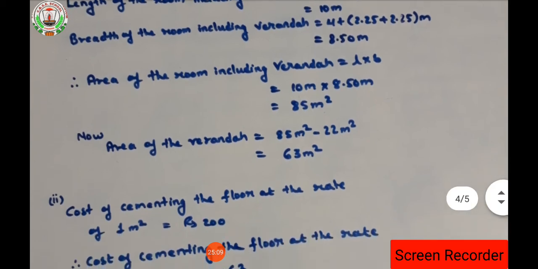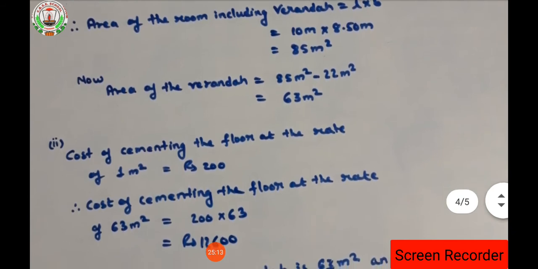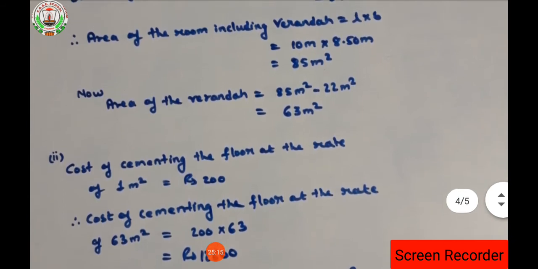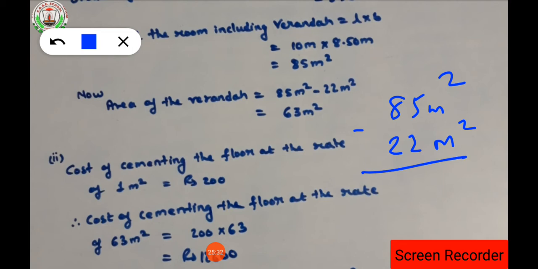Now in part A of the question, it is said to find the area of the veranda, isn't it? In order to find the area of the veranda, the area of the room including veranda, 85 meter square, will be subtracted with the area of the room, that is 22 meter square.